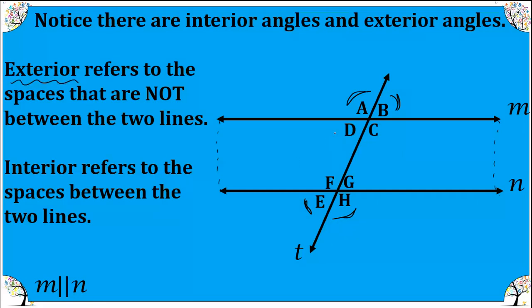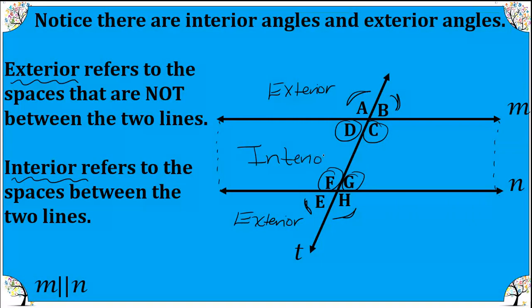And then the ones on the inside of the parallel lines, such as D, C, F, and G, these are interior angles. So we have exterior, the outside angles of the parallel lines, and then we have the interior, the inside angles of the parallel lines.